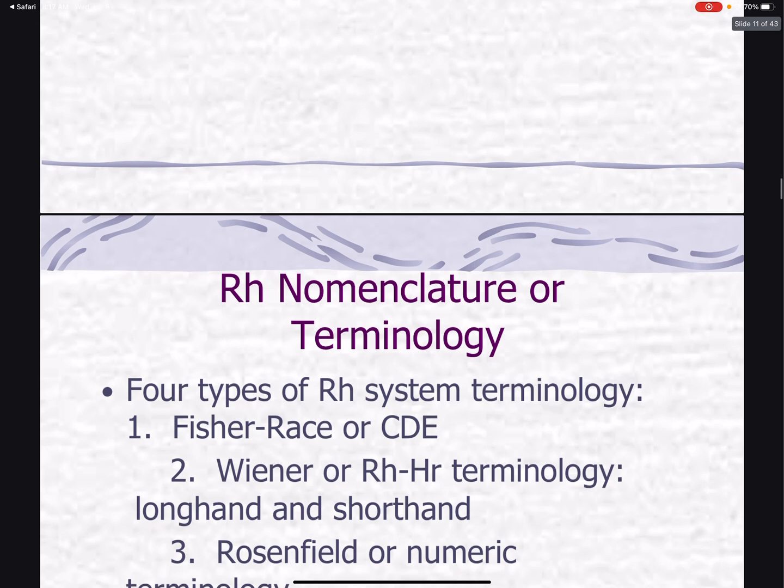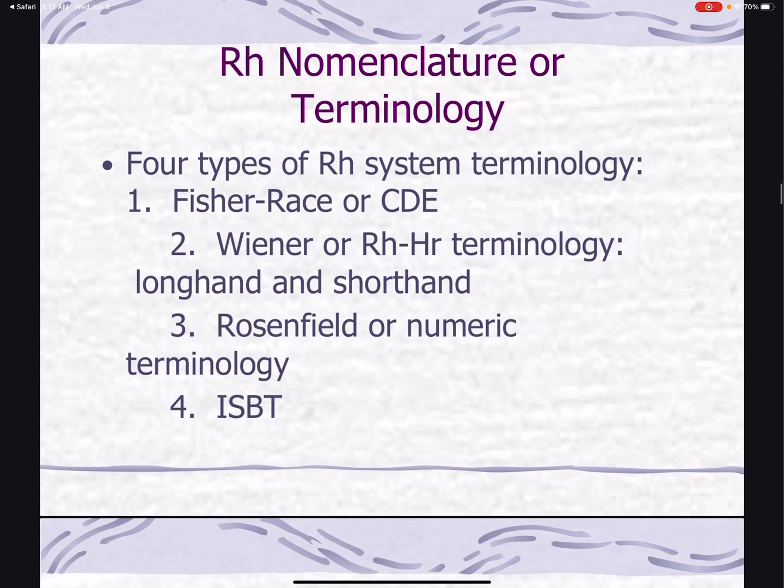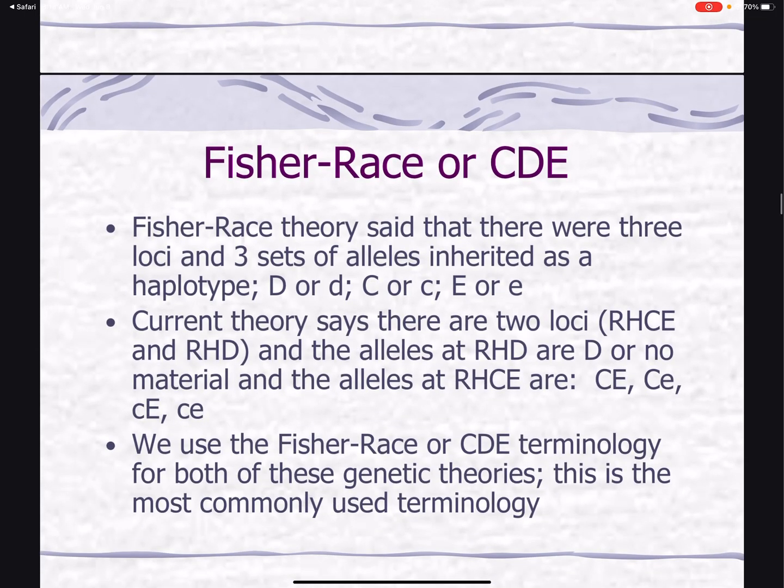Fischer race and Wiener are typically the nomenclature we use, but we also have ISBT. If you can remember, ISBT is that international standard that brings everything to one and maintains consistency across the globe.